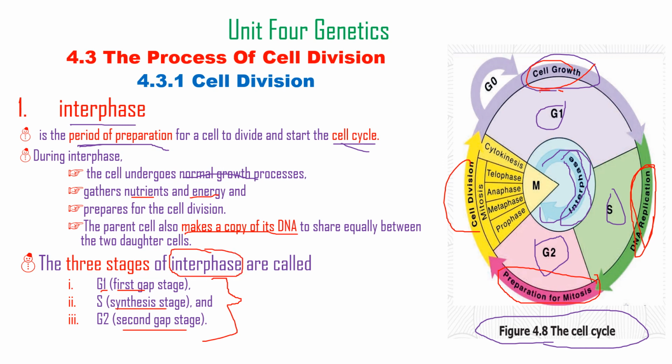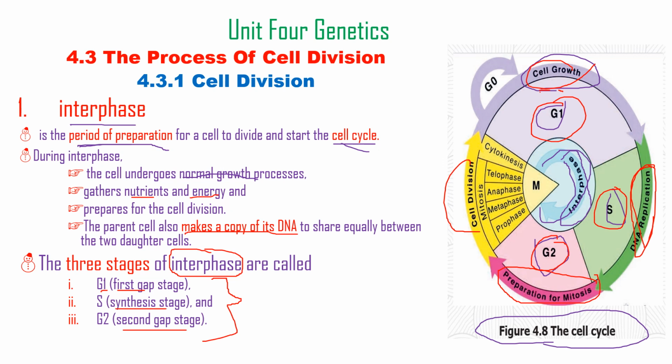The G1 phase, the synthesis phase known as the S phase, and the G2 phase or gap phase. So these are the main stages of the interphase.